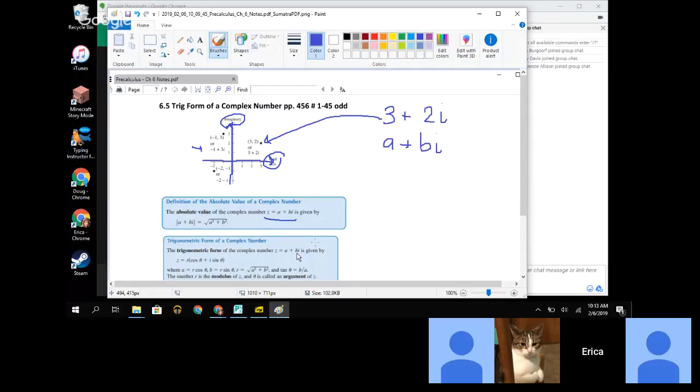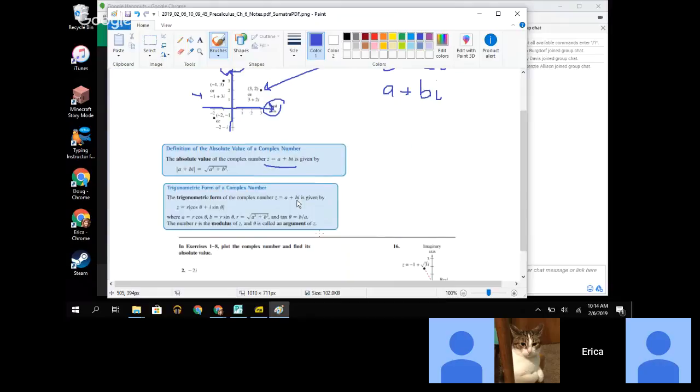Just like when we were talking about vectors, the Pythagorean theorem came back into play. Finding the absolute value of a complex number is just like using the Pythagorean theorem to find it. So you're finding basically the value of the vector that would go out to that point.